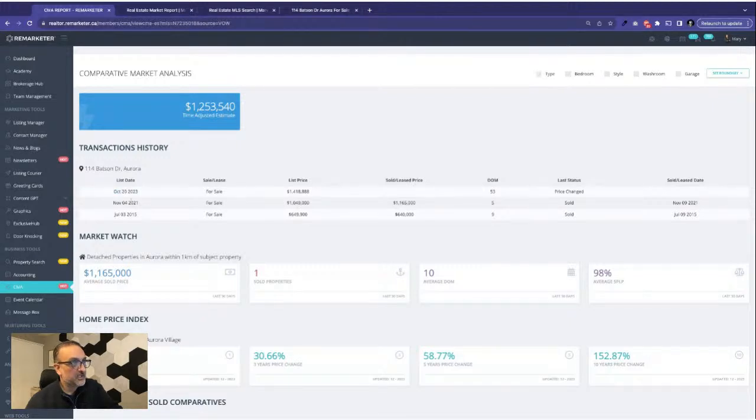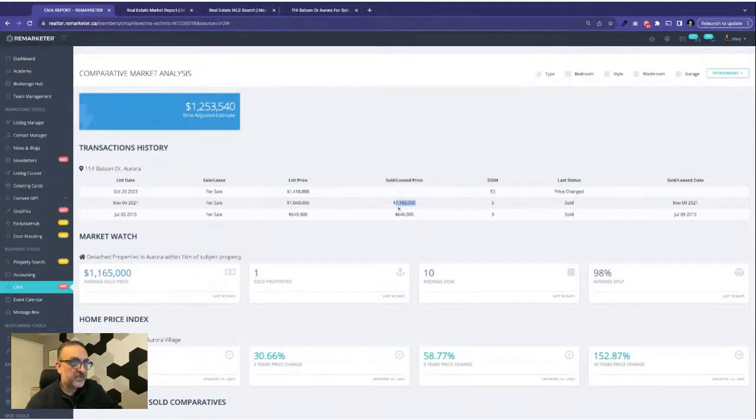However, looking at the time adjusted estimate, what this does is it takes this price, which was sold back in November 2021 at $1.165 million, which is a bit more than the list price. So they paid over asking here. And the system adjusts this based on the benchmark price growth since then, right?